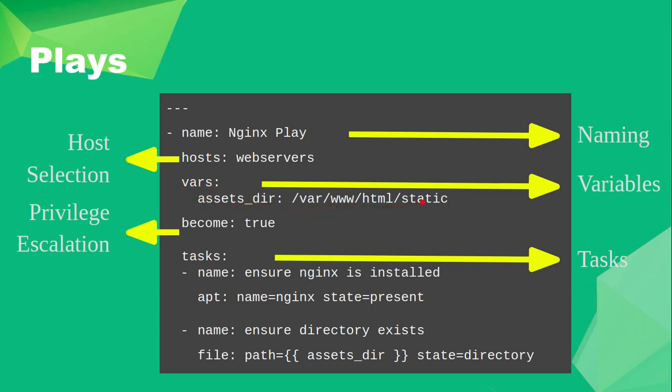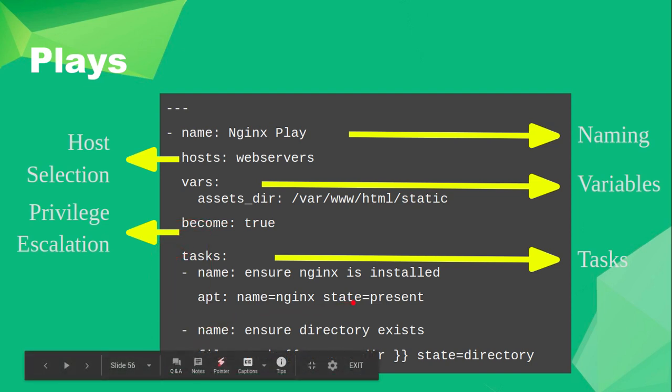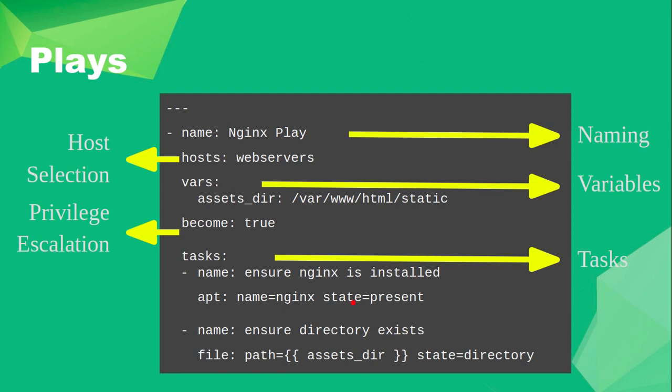The variable name is asset dir, and the value is /var/www/html/static. If you want to use privilege, then become is equal to true, and from here on a number of tasks start. The first task is to ensure Nginx is installed or not.